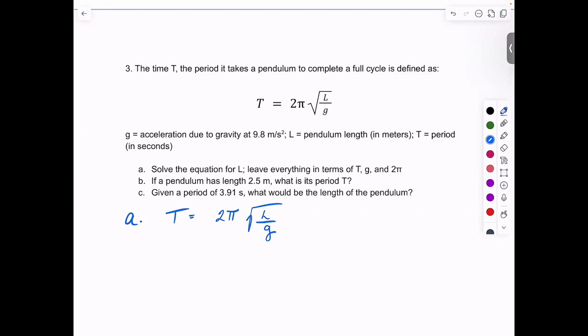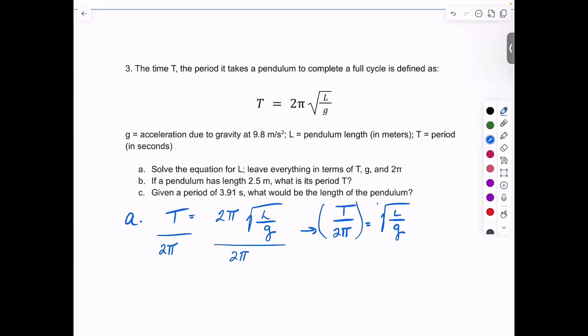So first things first, you always want to isolate that particular square root. And so I'm going to divide both sides by 2 pi. That's going to be our first move there. So we have T over 2 pi equals the square root of L over g. Now we have our square root isolated, we can actually square both sides.